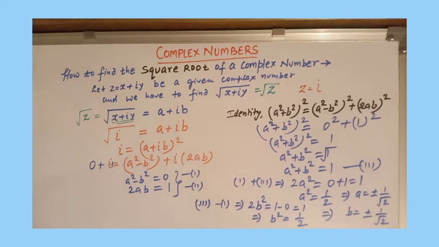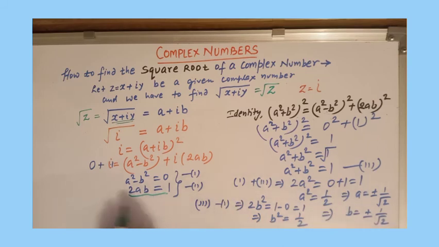Now let us see equation number 2. Here we have 2ab is equal to 1, and a is equal to plus minus 1 over square root of 2, and b is equal to plus minus 1 over square root of 2.